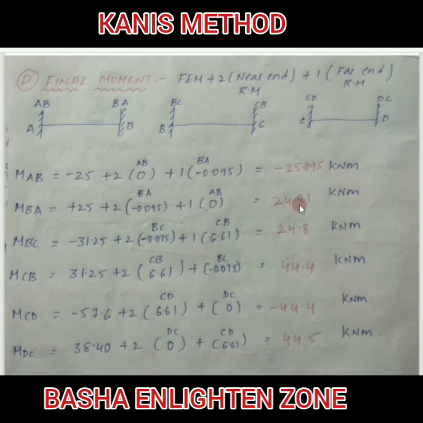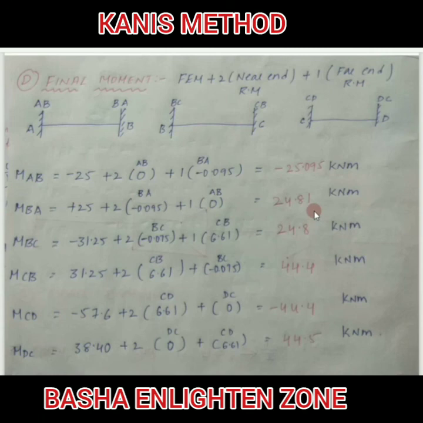So see here, always remember, we already know this point also, at a particular joint the sum of the moments will be equal to 0. So see here, MBA equal to 24.81, MBC equal to minus 24.8. If you sum this, the sum of the moments at a particular joint will be equal to 0, then your analysis will be correct.